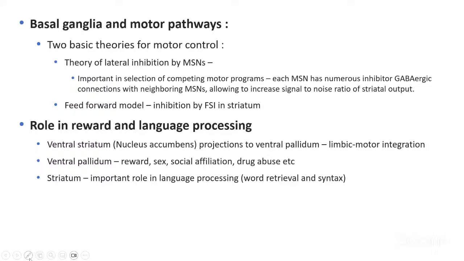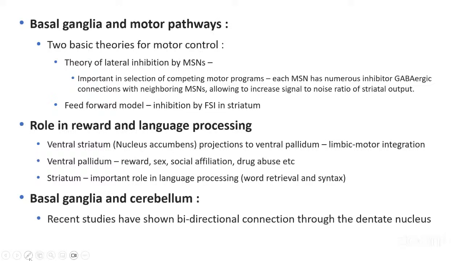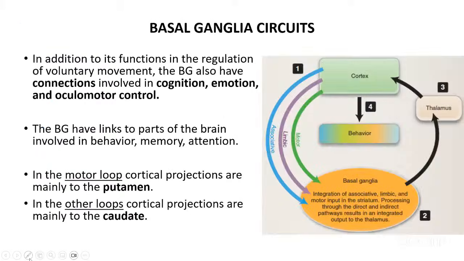So ventral striatum nucleus accumbens has projection to ventral pallidum, and it has a role in limbic motor integration. And ventral pallidum also has its role in reward, sex, social affiliation, and drug abuse, etc. I will be covering these topics, the pathways, in the upcoming slides. And then striatum, last.